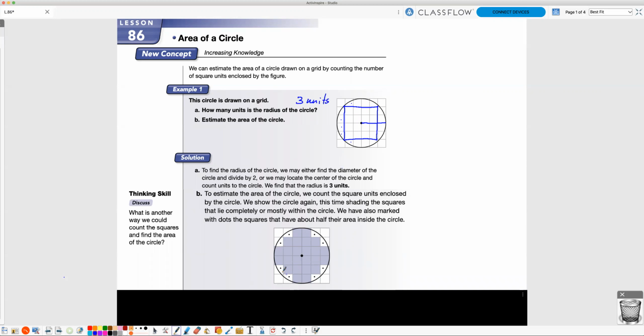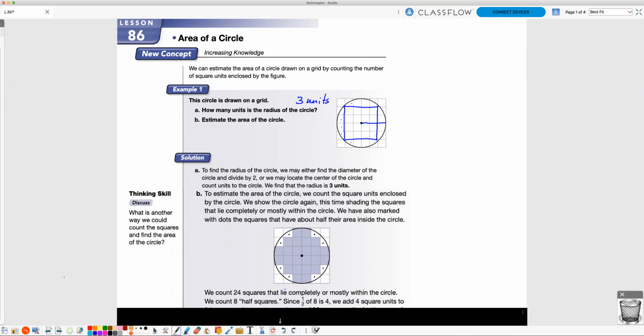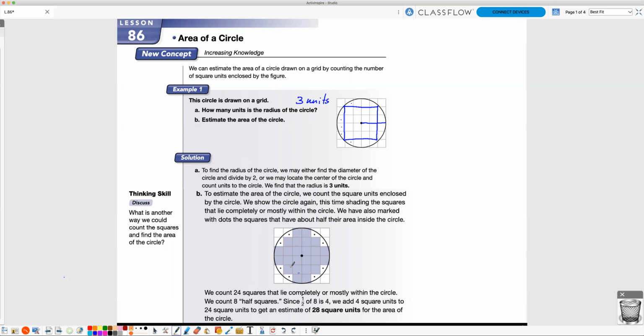You can see that this one would be worth half, half, half, half. Once you look at those, you can count up all the full squares. It has 4 squares this direction and 4 squares this direction. That would be the same as 4 times 4. So on the inside here, that'd be 16 units squared.